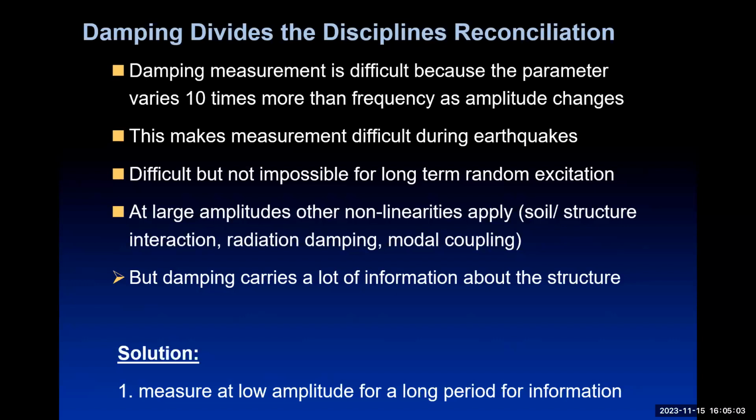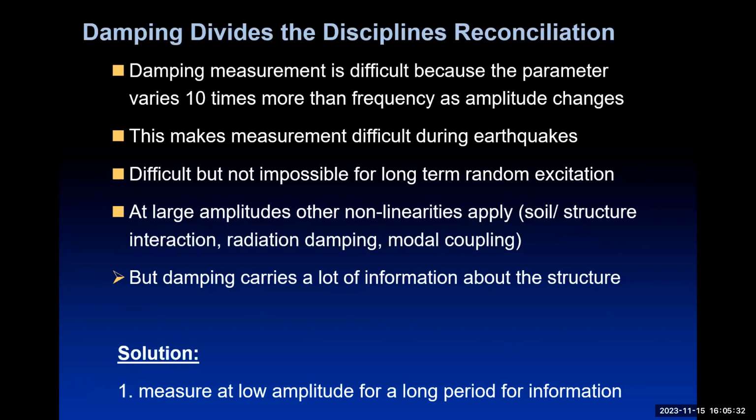Damping changes 10 times more than the frequency changes as the amplitude increases. So in other words, it is much more important for this. And that's why in the earthquake engineering world, people have decided the thing to do then is to look at the response of structures, just the frequency and the amplitude.